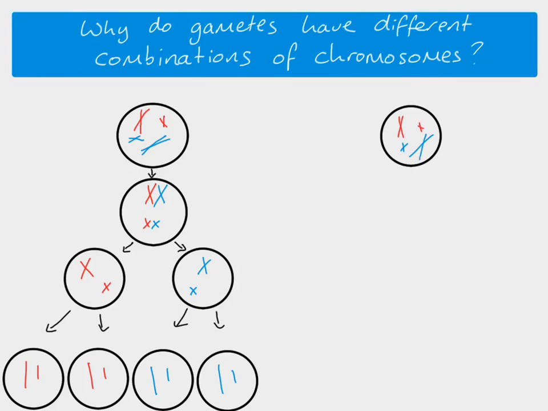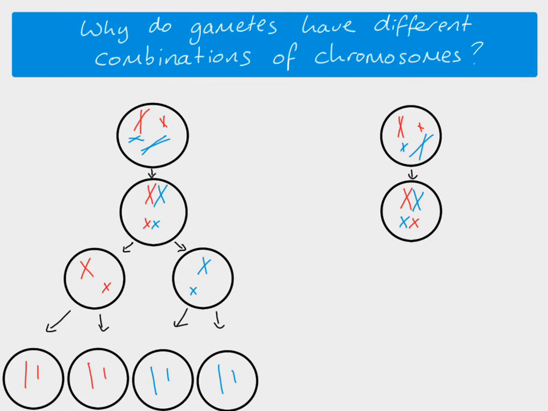But this time, when they line up during metaphase 1, they line up in a different order. This homologous pair is lined up in the same way as it was over here, but this second homologous pair is lined up the other way around on the equator. Over here it was red on the left, then blue, and here blue on the left and then red.